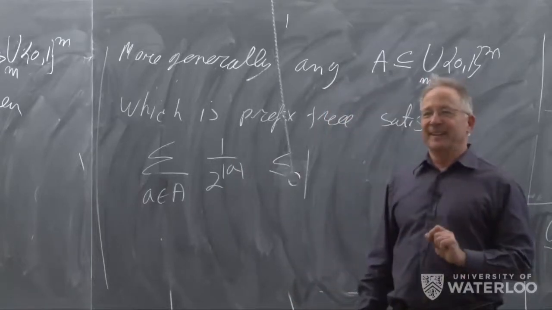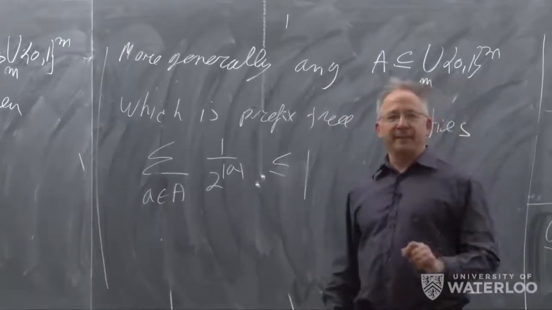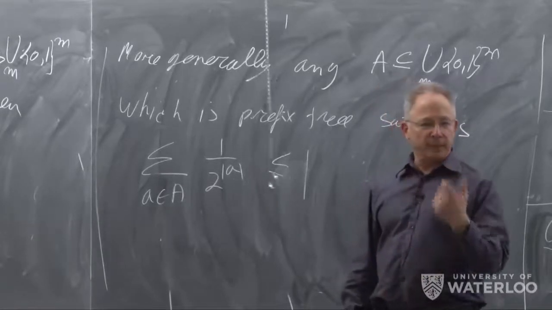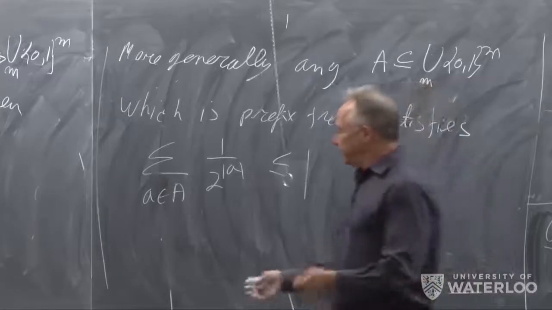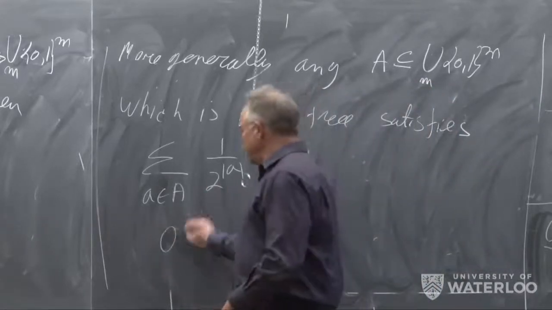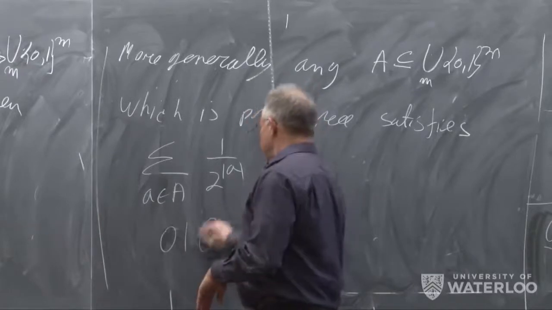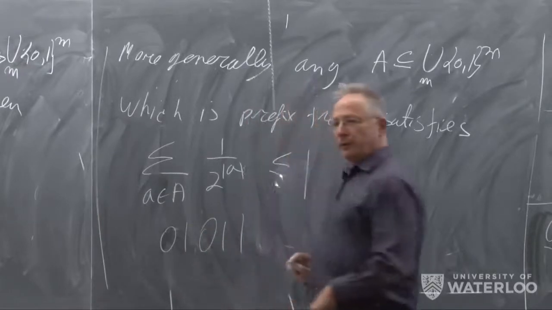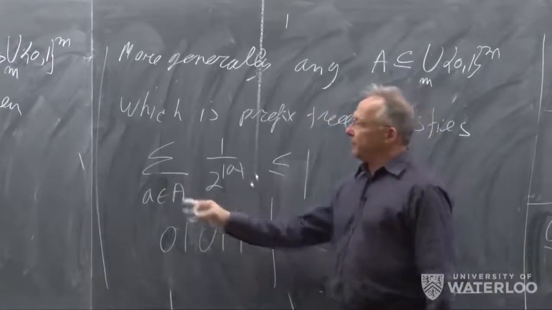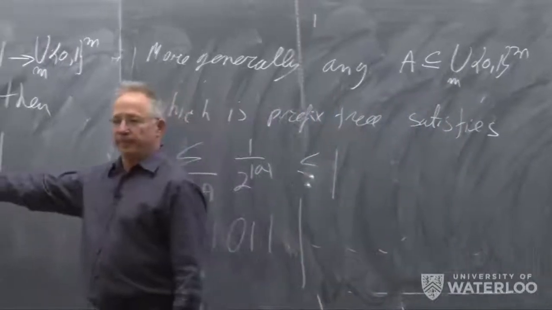What I can do is generate all those strings by just flipping a coin. When I flip a coin the first time, it gives me either 0 or 1. Then I flip a coin the second time, and I'll keep flipping a coin. And I'll stop when I get to something which is a description.